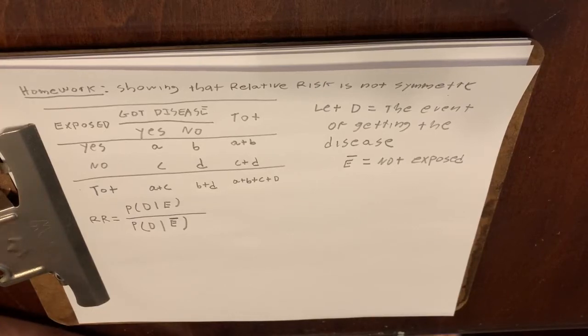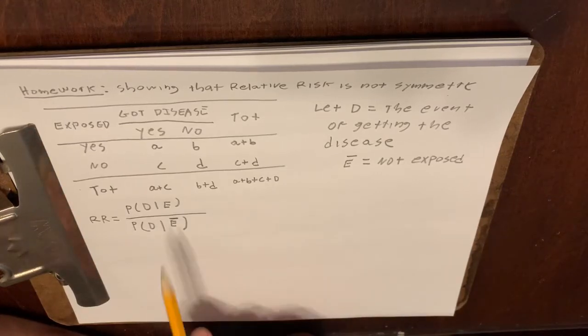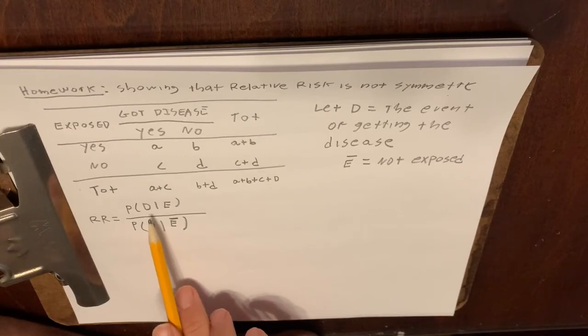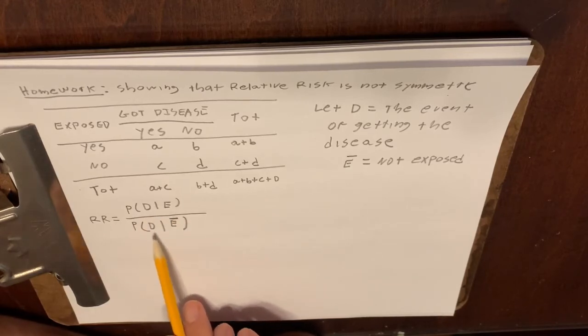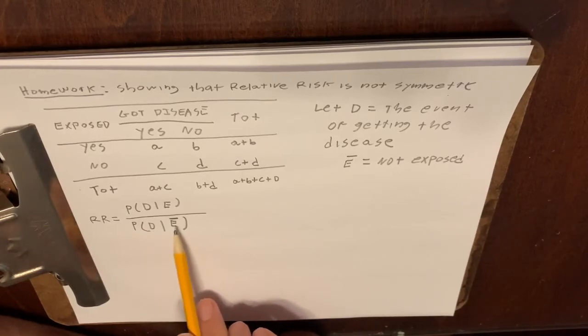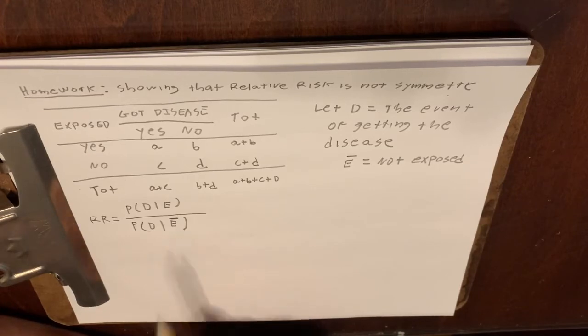And here with these data, this is really the probability of randomly selecting a study subject who did get the disease given that he was exposed compared to the probability of randomly selecting a study subject who got the disease given that he or she had no exposure.